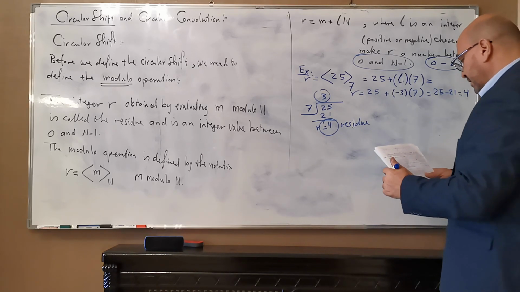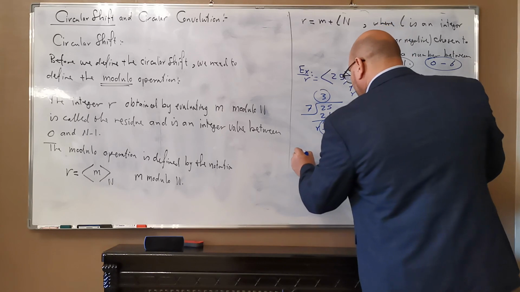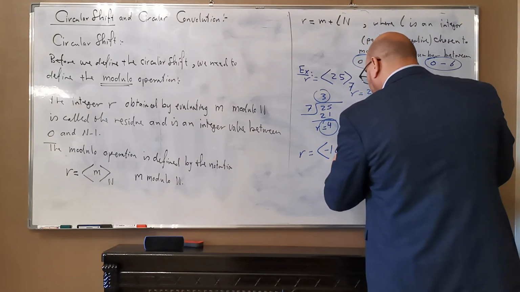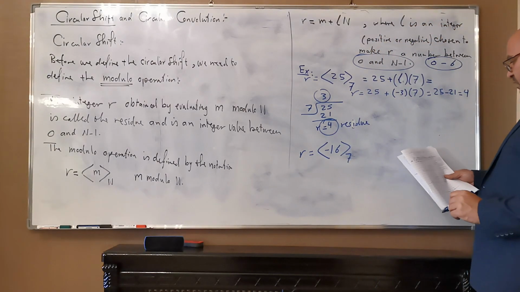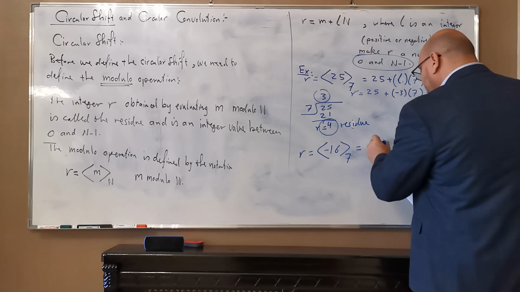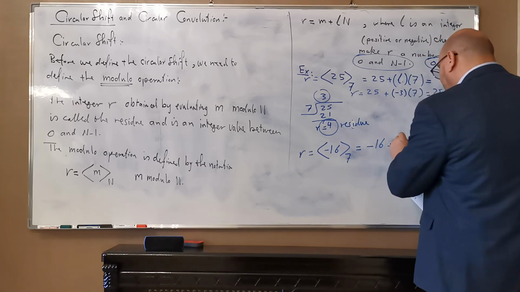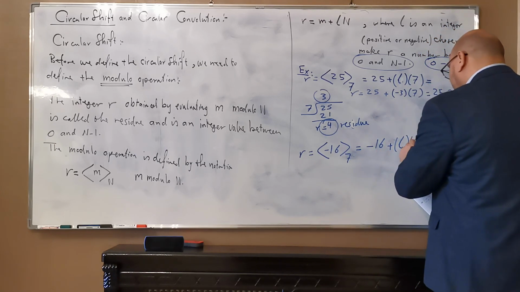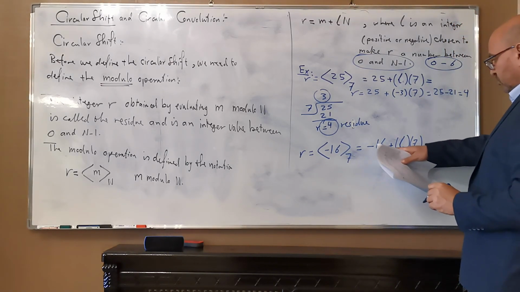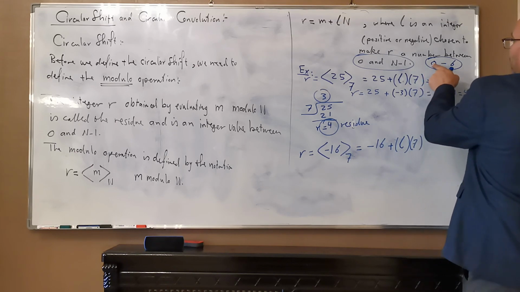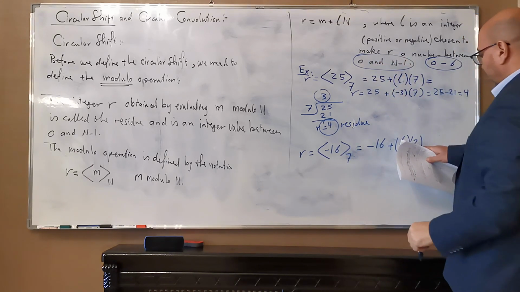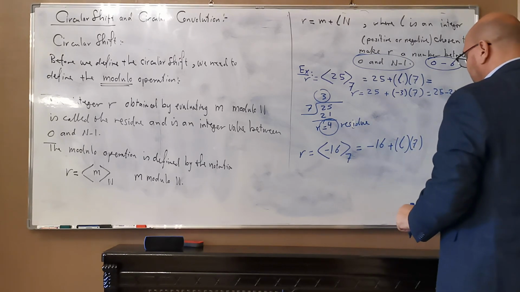What about the negative integers? Let's take another example. r equals minus 16 modulo 7. So minus 16 modulo 7 is minus 16 plus some L times 7. What should we take here to make this value between 0 and n minus 1? n is 7, so n minus 1 is 6.